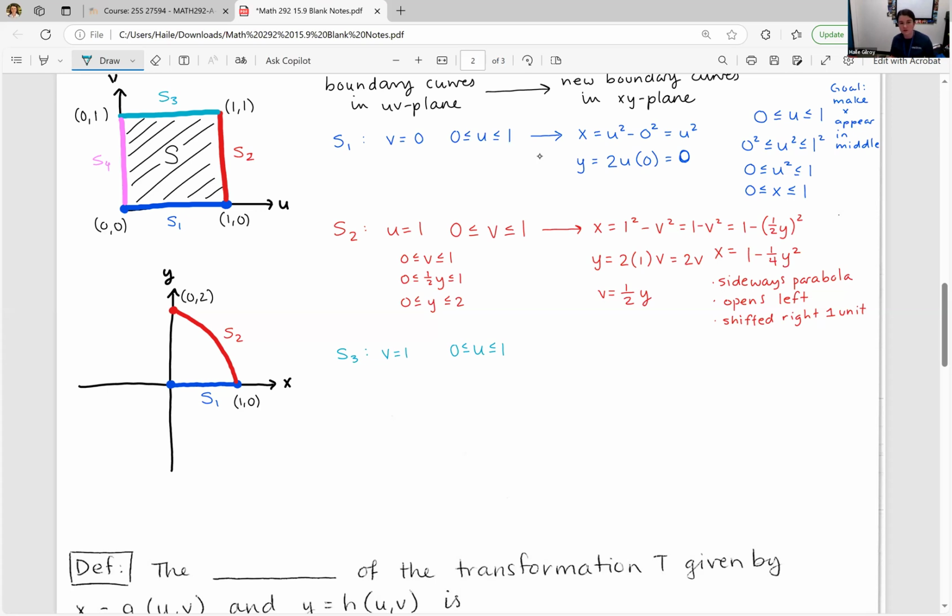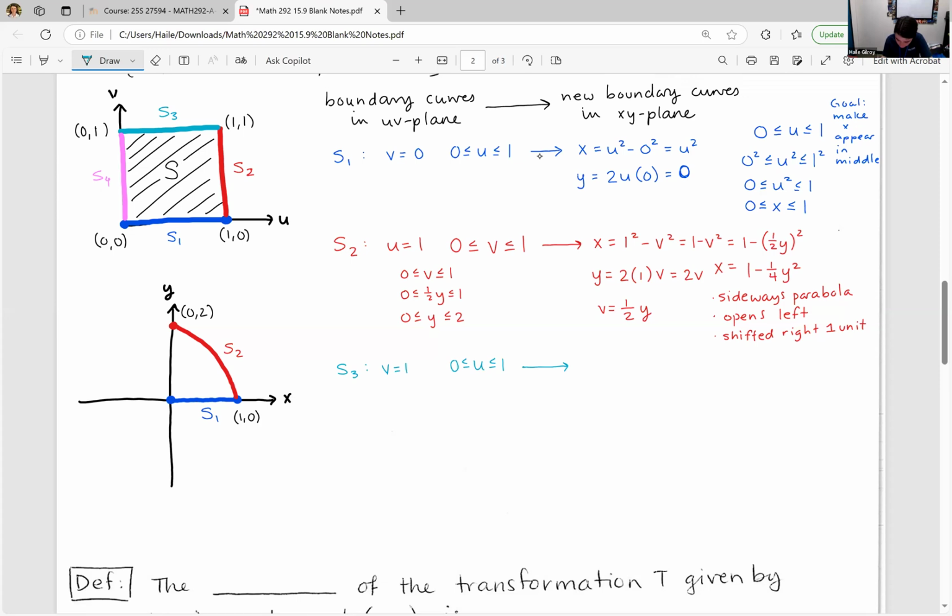So the V coordinate is always 1 along that teal edge. If I transform this into X and Y, once again, I'm going to use those formulas that I'm given. X will be equal to U squared minus 1 squared, because V is equal to 1. So this is equal to U squared minus 1. On the other hand, Y is equal to 2 times U times V, but V is 1. So Y is equal to 2U.